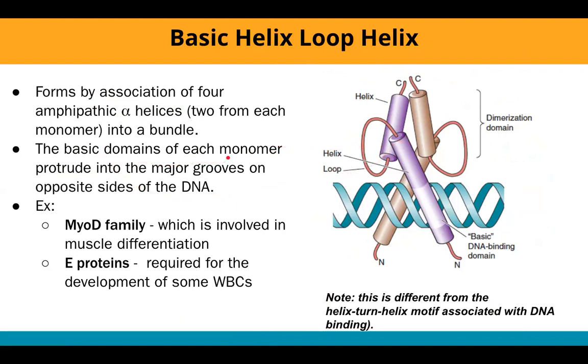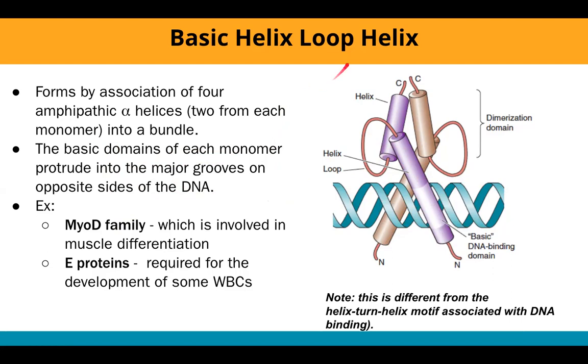The basic domains of each monomer protrude into the major grooves on the opposite side. Again, the basic portion contains the basic amino acids, which usually have a positive charge and electrostatically form a bond with the negative phosphate group. That is why it causes binding to the DNA molecule.